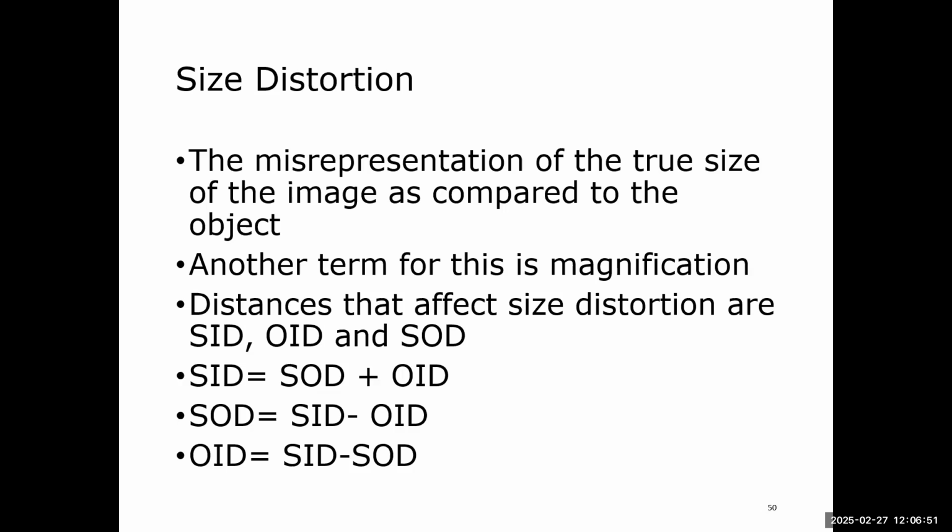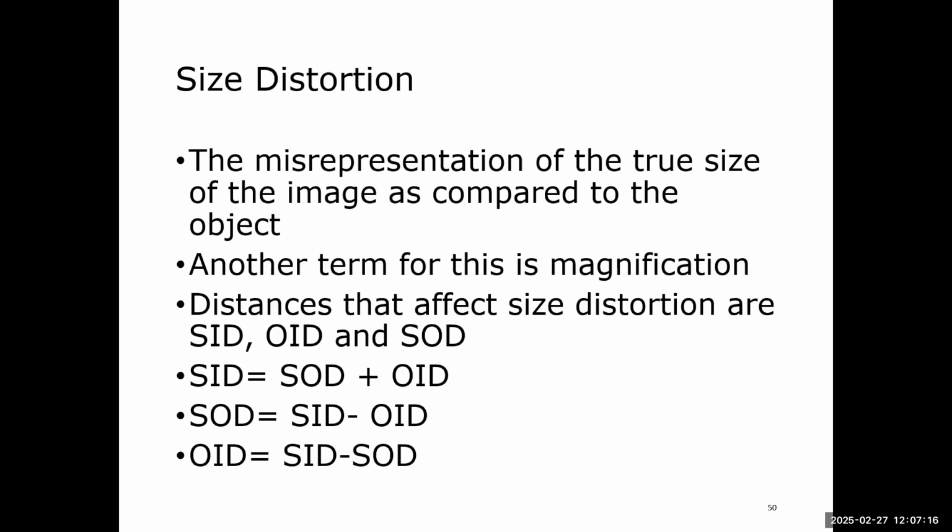I'm not talking about minifying with the computer. I'm talking about we can't have the image be smaller than the object just based on the geometry of the beam. It can't happen because the beam is doing what? Diverging, spreading. So there is no way we can have minification.